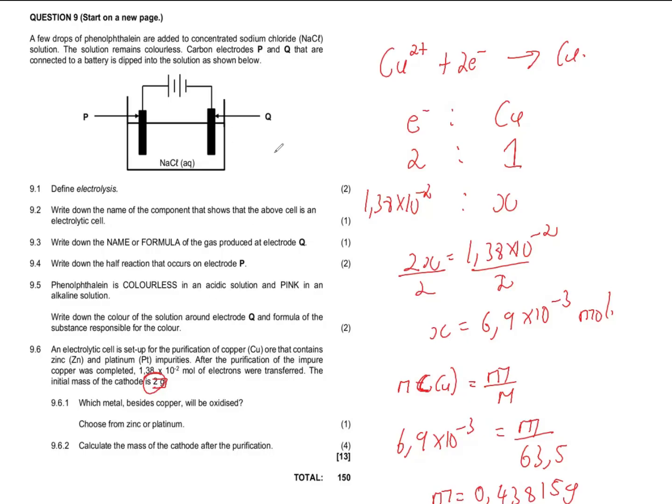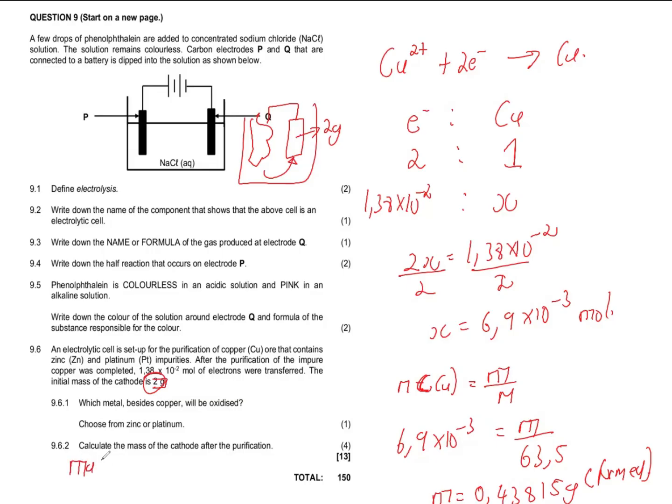So the cathode as it stands there. Remember, you had impure copper here, and then you have pure copper here. So the initial mass of this is 2 grams. And now, this is the one that actually formed, right? So based on the reaction, this is the mass of copper that formed, or the mass of copper that actually reduced to this, right? So what are we going to now say?